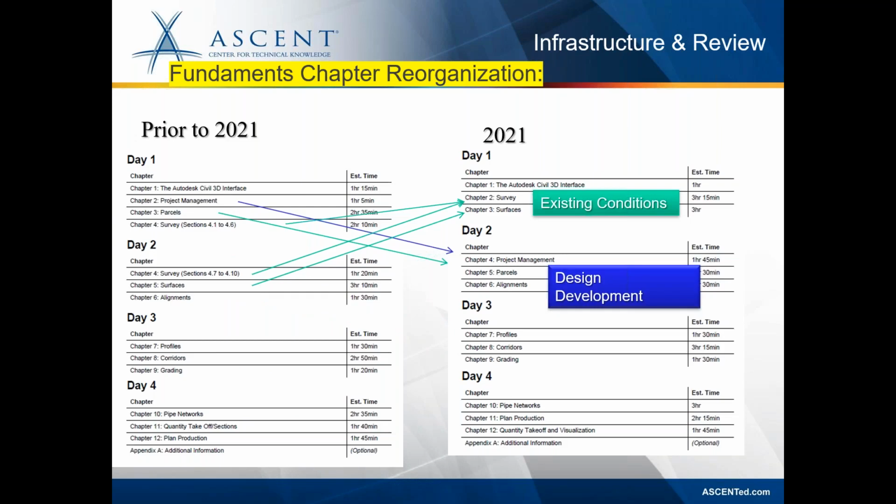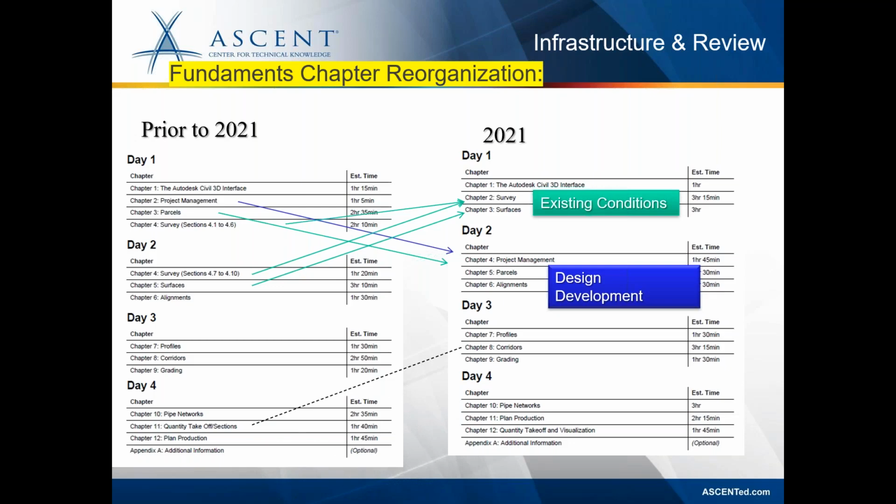And I moved the parcels chapter down right as the first part of the design development. And after that, the alignments, profiles, corridors, and grading, that flow is more or less the same as it was prior to 2021.